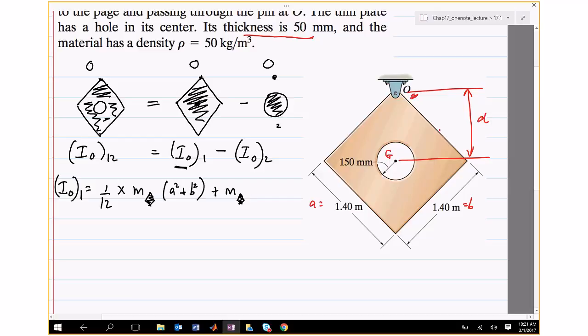My question is, what is that distance in terms of A or B? This is A, so this is B. Well, A and B are the same, so it doesn't really matter.